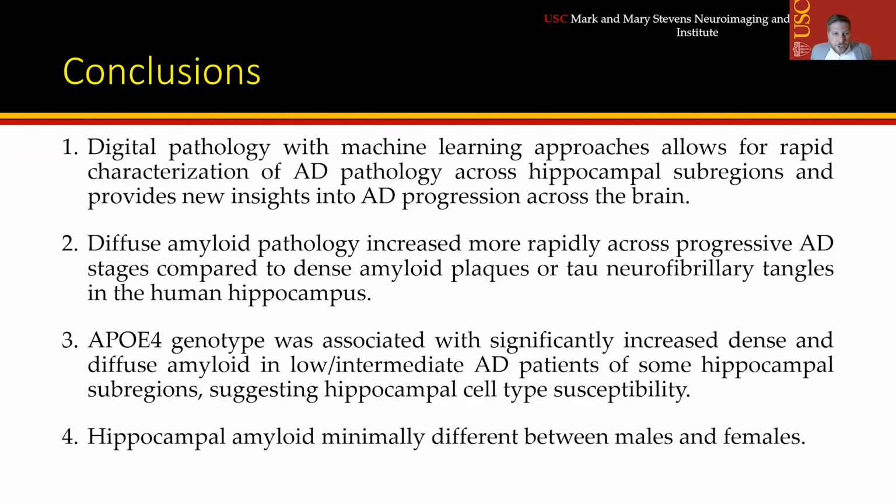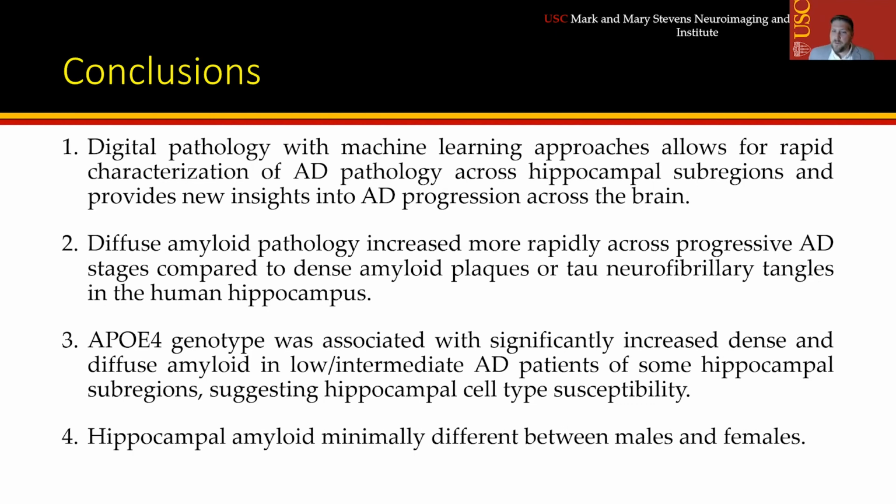In conclusion, I showed you how the digital pathology approaches and machine learning approaches that we're developing within the ADRC allow for this rapid characterization of AD pathology across hippocampal subregions, and that provides new insights into the progression of AD across the brain. The diffuse amyloid pathology we found increased more rapidly across the AD stages compared to dense amyloid or the tau neurofibrillary tangles in the human hippocampus.